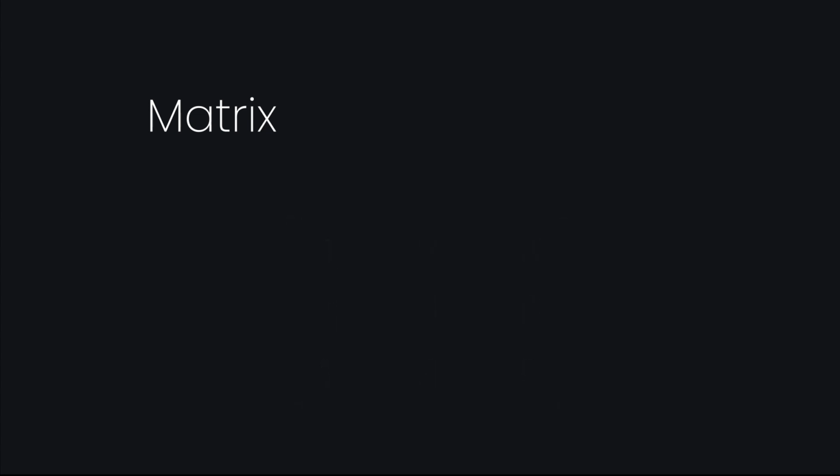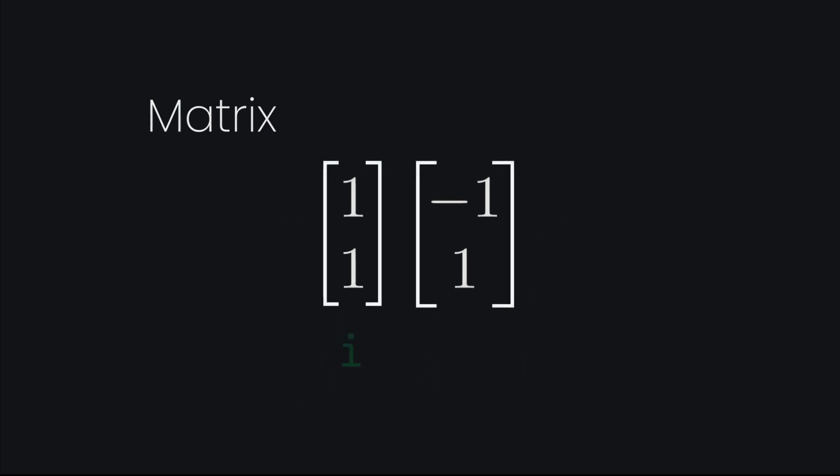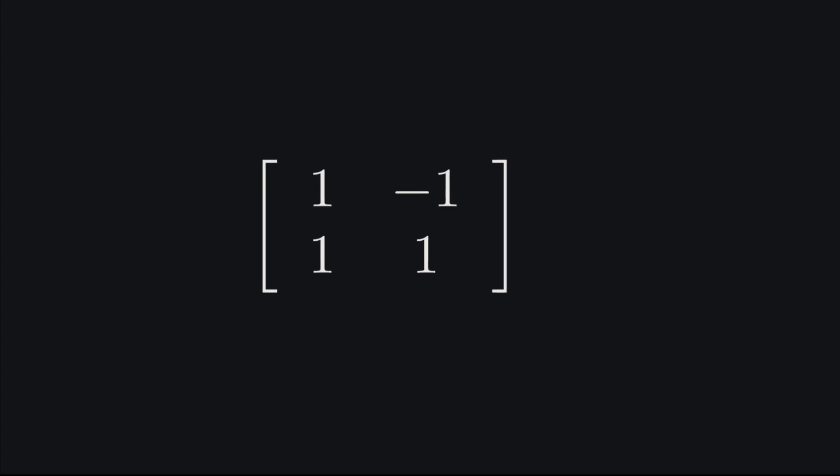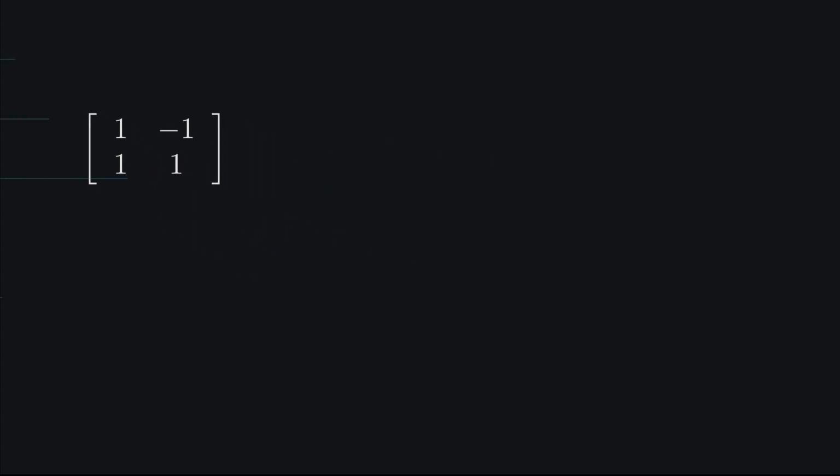For example, we can represent two vectors, i and j, which are the building blocks of our coordinate axes, side by side in a matrix. This is an extraordinary idea and opens up many opportunities in linear algebra.